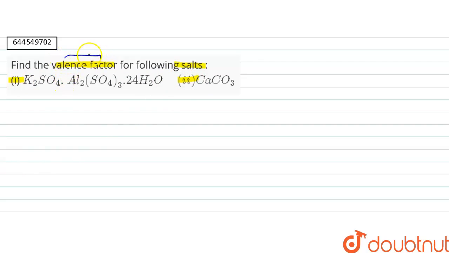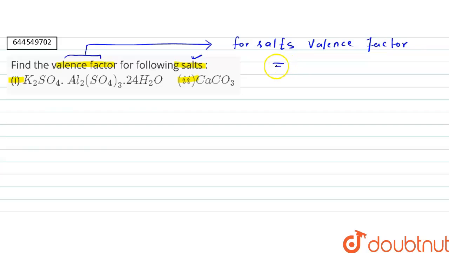So first we will know the meaning of valence factor. We have to find the valence factor for salt. So we will write here: for salts, valence factor is equal to the total charge on either cation or anion.